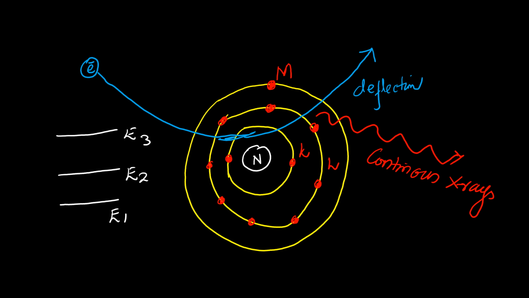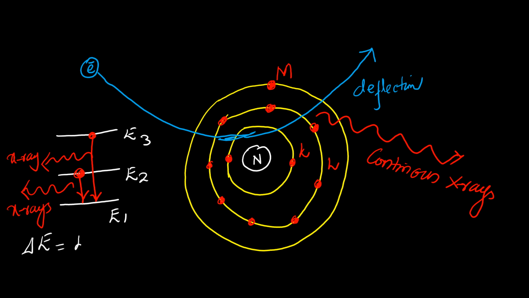In inner shell transition, an electron from the higher energy level E2 jumps into E1 and releases energy in the form of electromagnetic radiation, known as characteristic X-rays. Similarly, from E3 an electron jumps into E1 and releases X-rays, and the energy of this radiation is the change E2 minus E1.